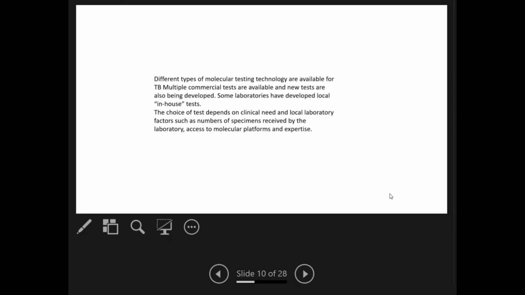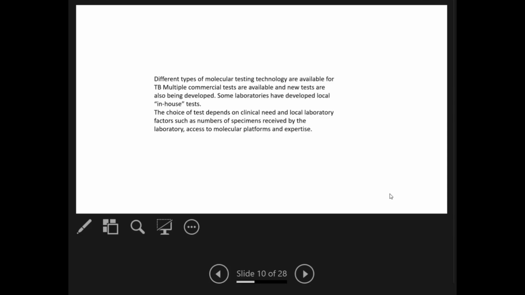The other most important thing, as I said before, is that conducting molecular diagnostics is not a simple test if you want to do it in the conventional way. But now a lot of pharmaceutical companies have invested money in rapid diagnosis of TB using molecular methods. So there are a lot of commercially available, very easy to use, rapid molecular diagnostic tests.